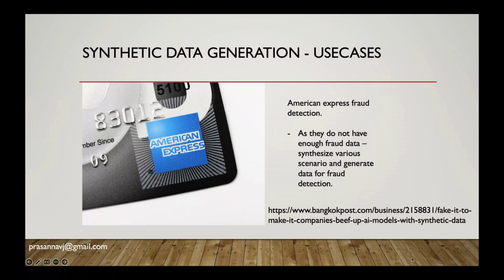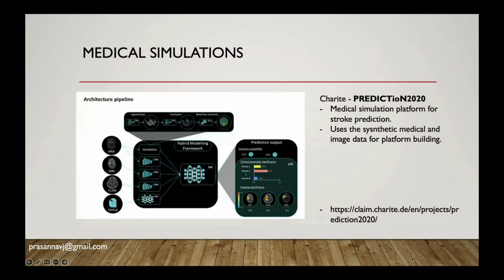For American Express, I have provided a reference link for all of these. American Express built their fraud detection system completely on generated synthetic data, because they do not have much data about the fraud that has happened, and they utilize synthetic data for identifying fraud information. In medical simulation, there is a company called Charite. They built a complete stroke prediction system.